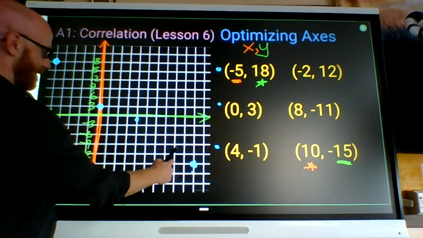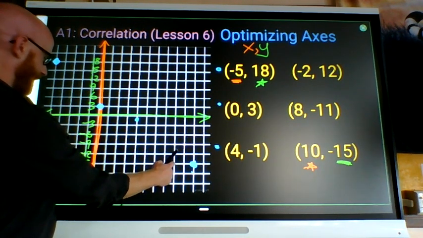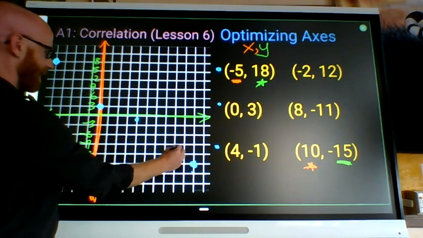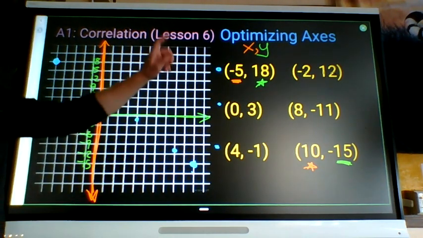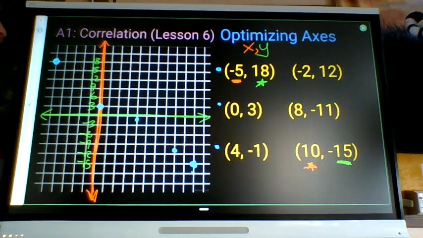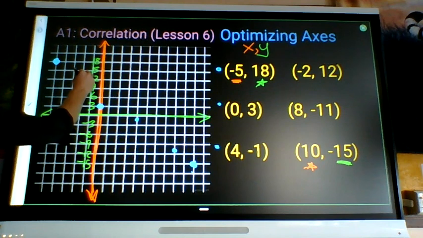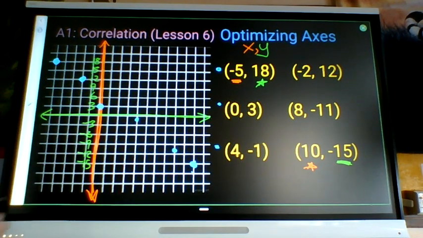So 8 and -11 is a little bit closer to 0 from -12. Finally, -2, 12. Backwards 2, up 12. All right, those are my scattered points in blue.